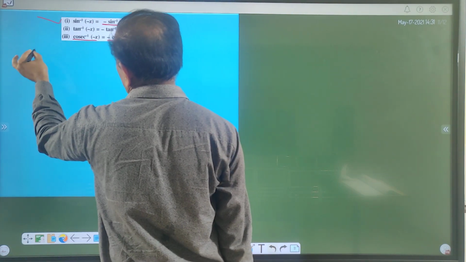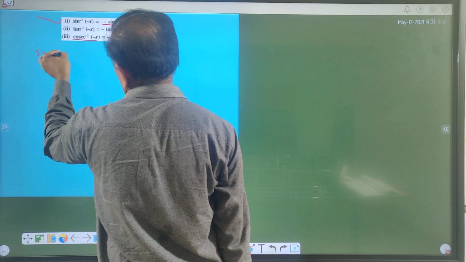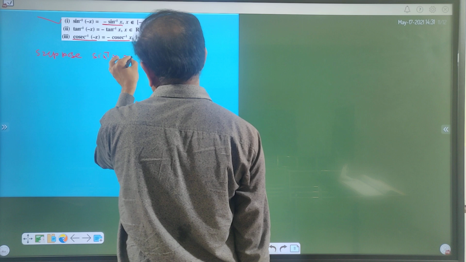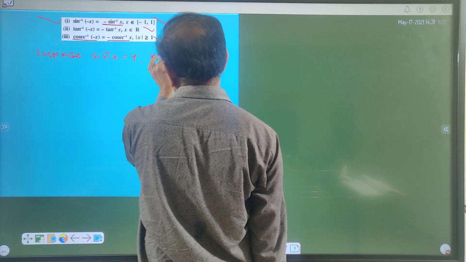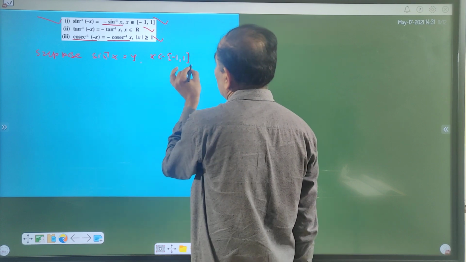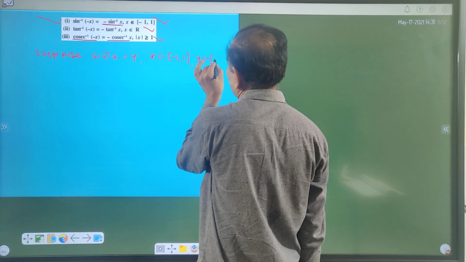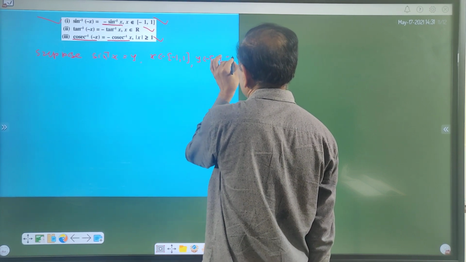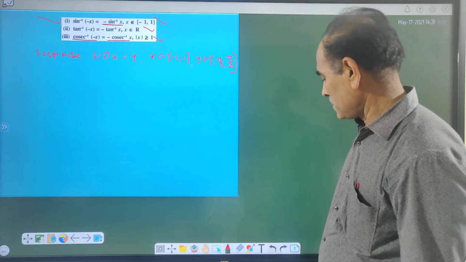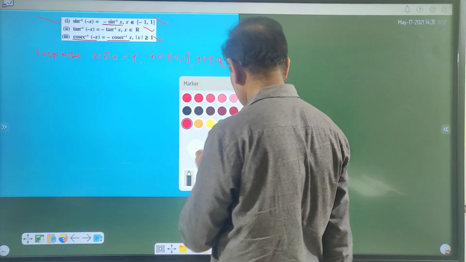See, for the first part, suppose sine inverse x is equal to y, where x is from minus 1 to 1, and y is from closed interval minus pi by 2 to pi by 2.